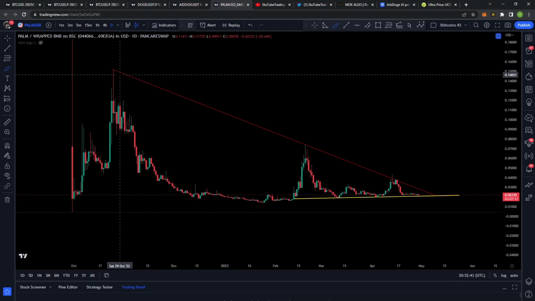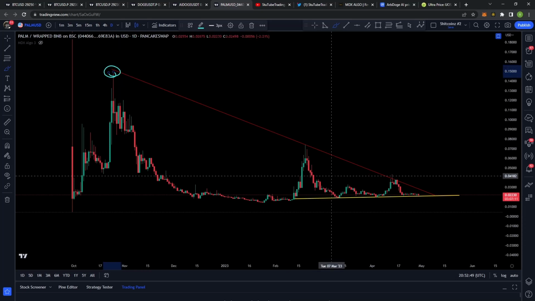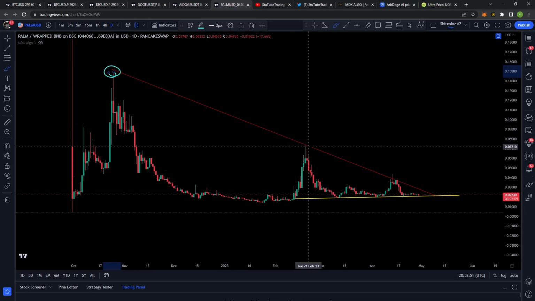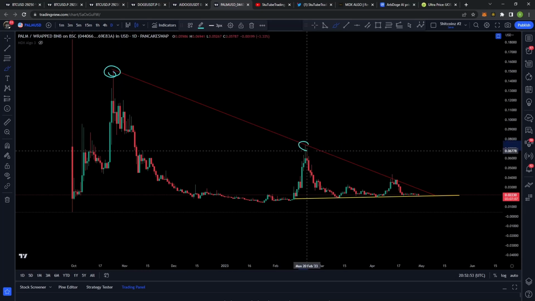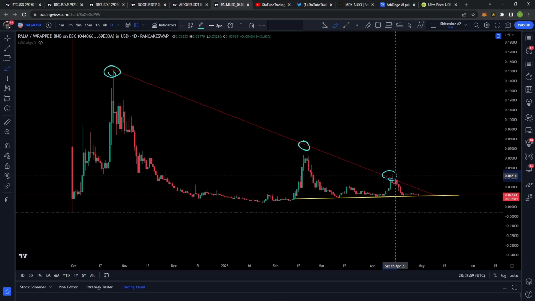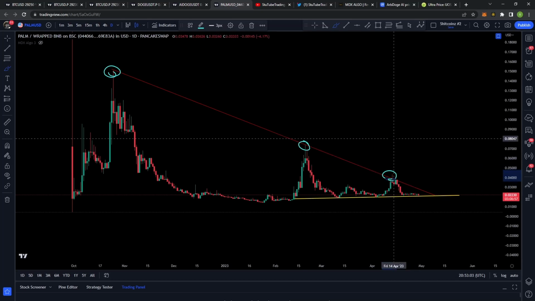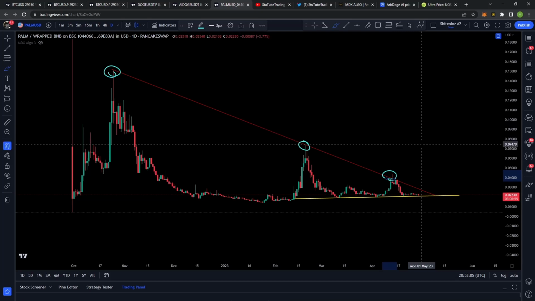The one thing I don't like is, once again, you guys know I was just talking about, I love 3 touch points before a pattern break. So with a triangle, I like 3 exact resistance touches before the breakout. See, we only had 2, and this third one, since we never had a third touch point before breaking out, it got shut down. I mean, I see that all the time. If you don't have that third touch point, I just have a hard time trusting a pattern.